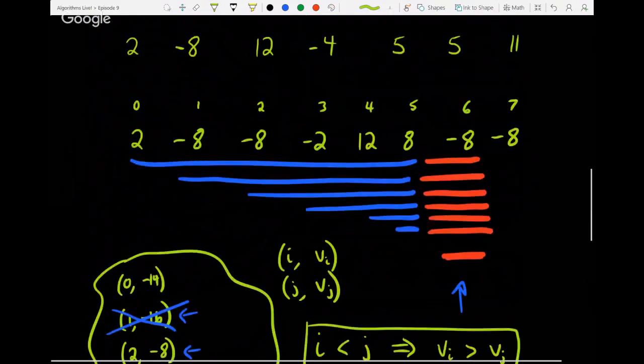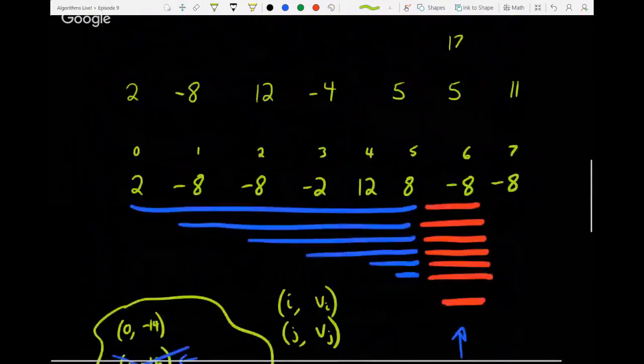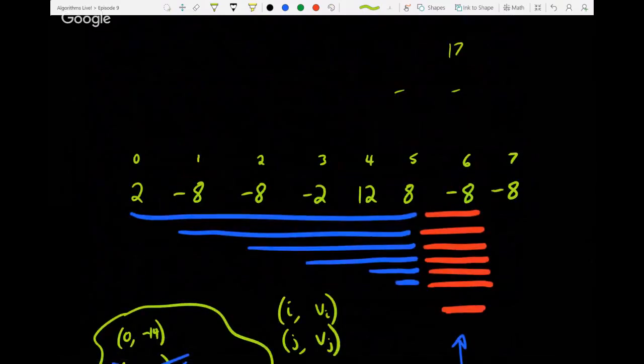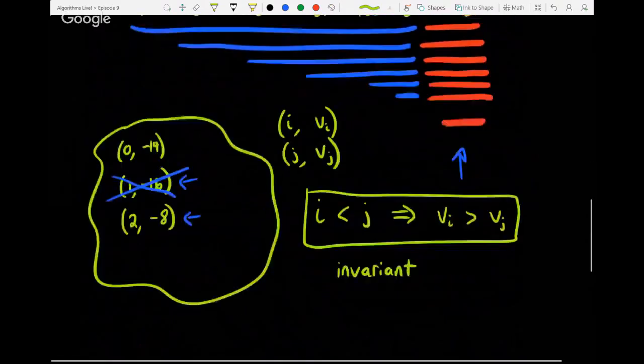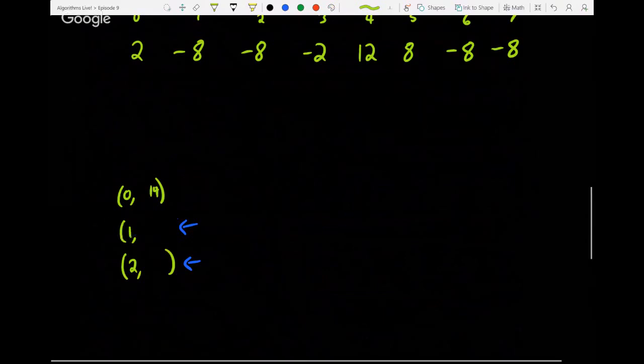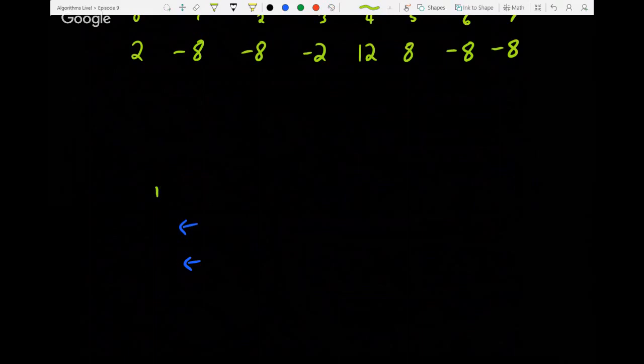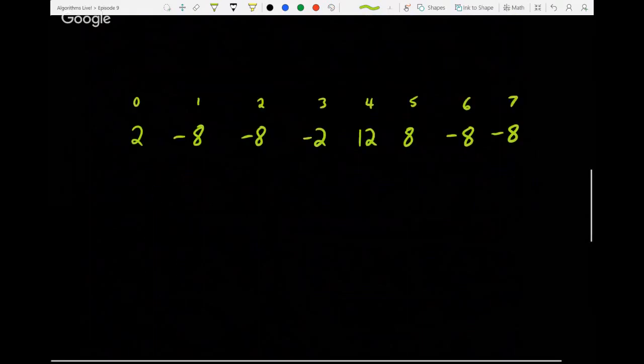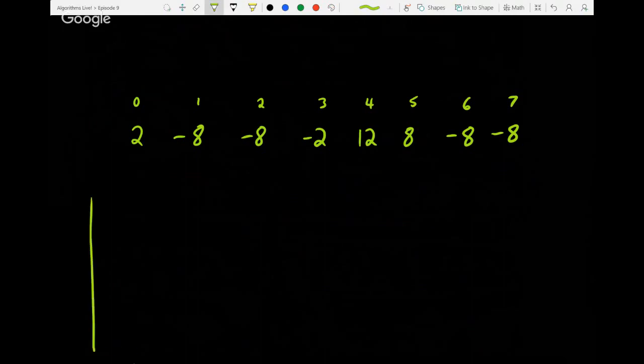So let's run through this example again, but using a stack. Let me erase some of this, replace some of this, and keep some of this around. Okay, so I've just changed it out for a stack. So now I have a stack. I push on 0, 2. And then I come across 0, 1, so I go 1, comma, -8.